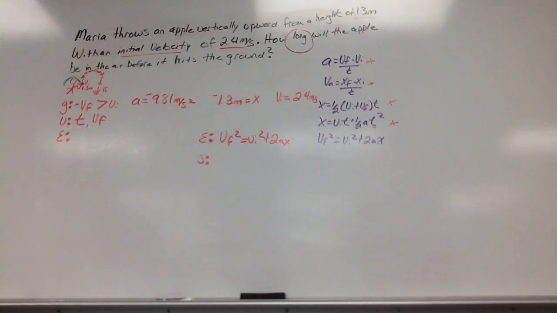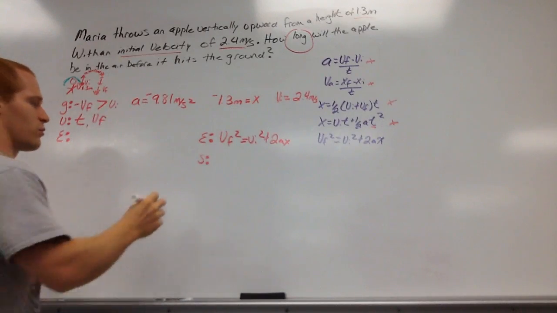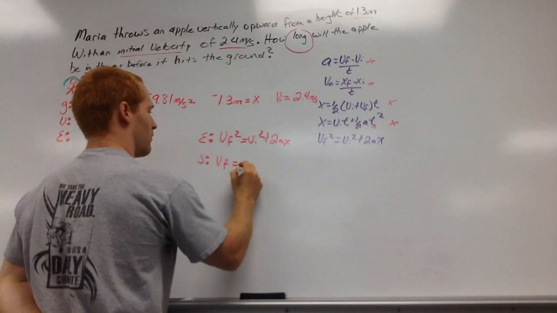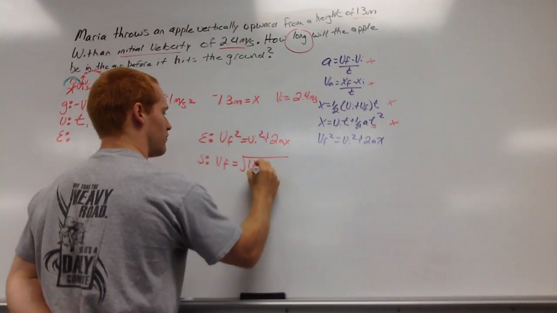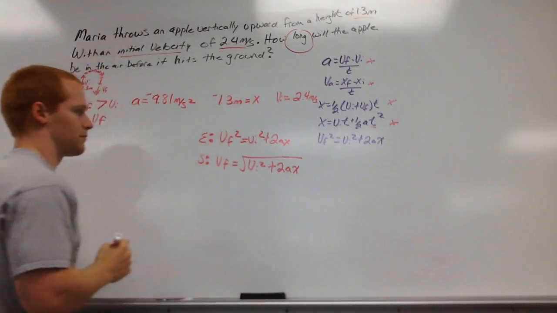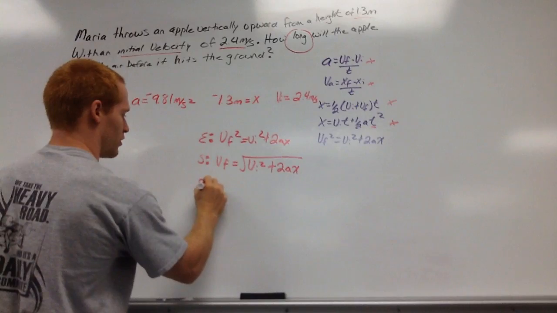Trying to solve for VF. The opposite of squaring something is a square root, so we're going to square root both sides. We'll be left with VF equals radical VI squared plus 2ax. From here, we're just going to plug in.